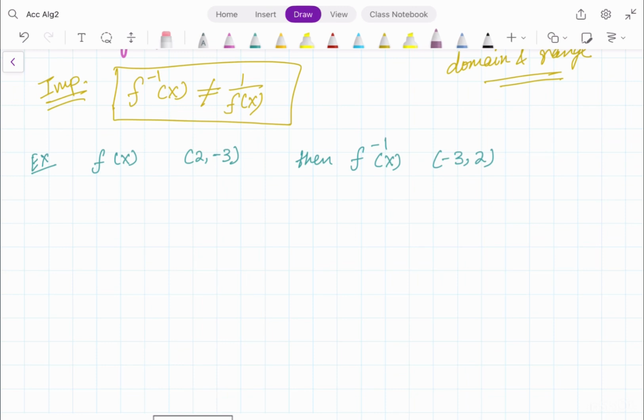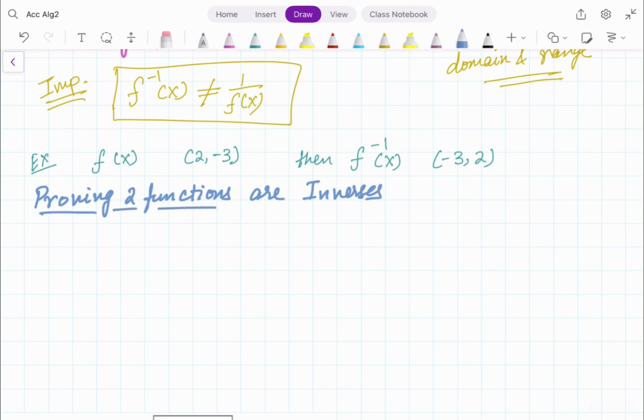Now how to prove that the two functions are inverse? To prove that the two functions are inverse, we have to follow a rule. And please watch it carefully. It is easy, but you need to be a little bit careful. So we have f of x and f inverse of x, and let's say f inverse of x is g of x.